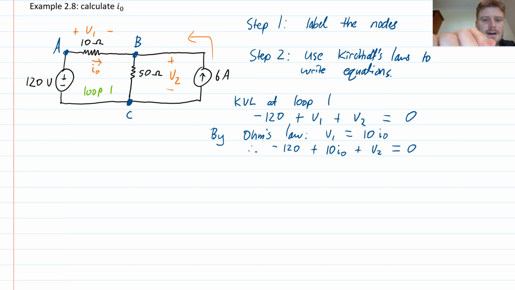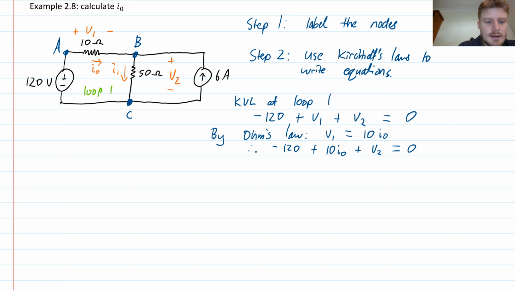So Kirchhoff's current law would be a good tool to use here. I will also need to label the current flowing through this resistor. I'll label I1 as the current flowing down.